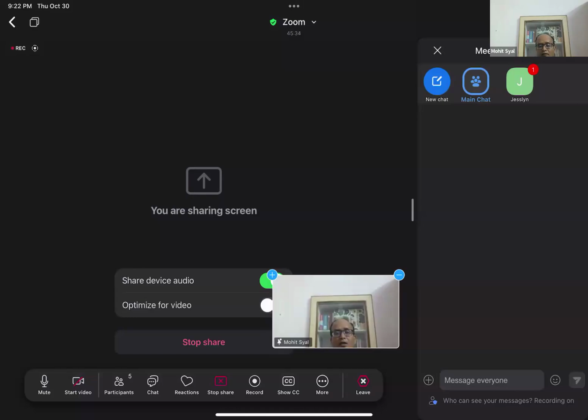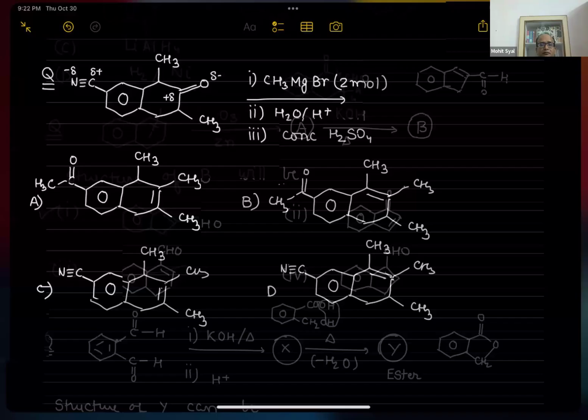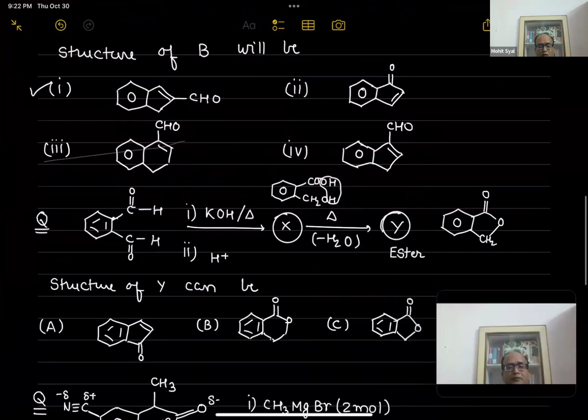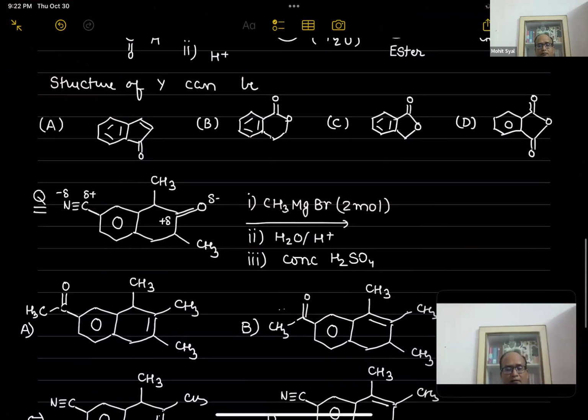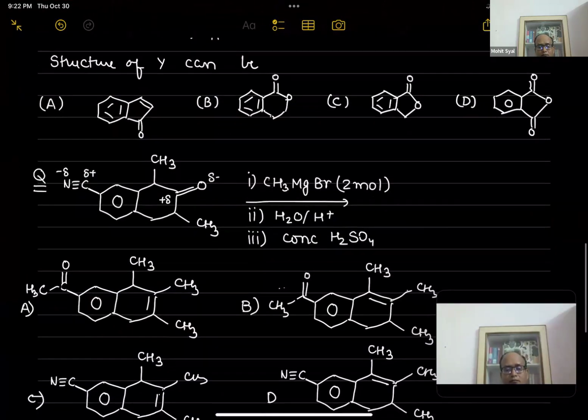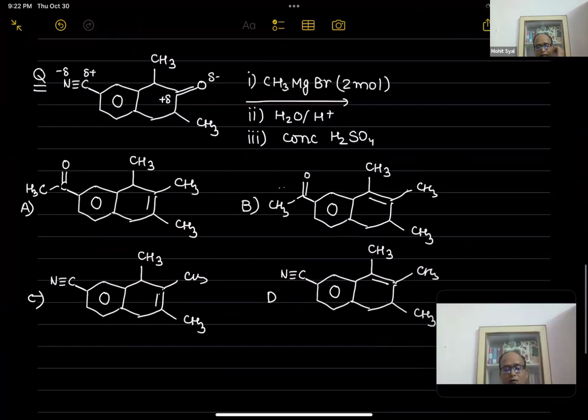What are we going to get when we add CH3 to CN? Option A and option B are the two very close contestants. But CN will not remain CN. That will change to ketone or aldehyde. So option A or option B?